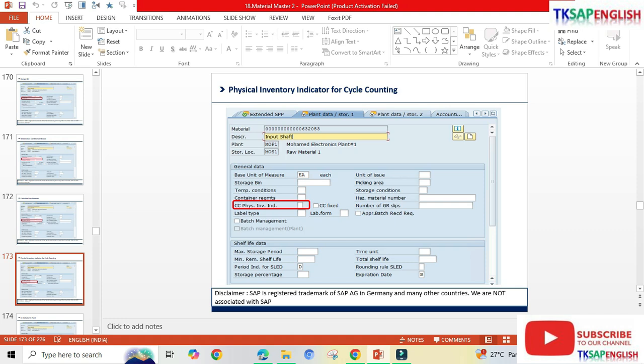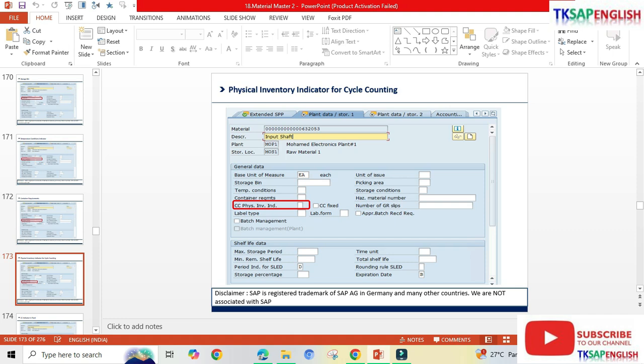So now, physical inventory indicator for cycle counting indicates that the given material is subject to the cycle counting method of inventory. The indicator also defines at which time intervals a physical inventory is to be carried out for the material. Usage, this indicator groups the materials together into various cycle counting categories.